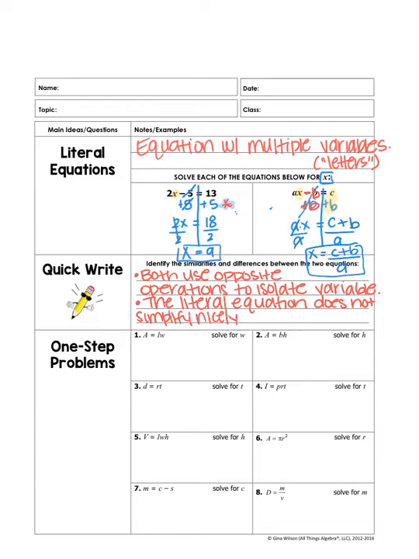In other words, we don't get it down to just x equals one little thing, right? There's a bunch of letters there. The reason is because there are a lot of letters, and we can't combine random letters together. They're not like terms. So this is due to multiple variables or letters.